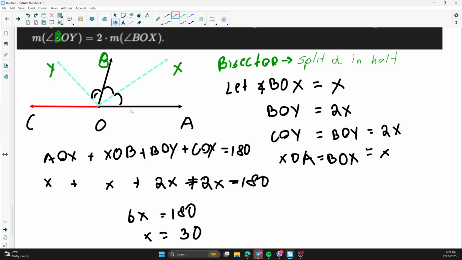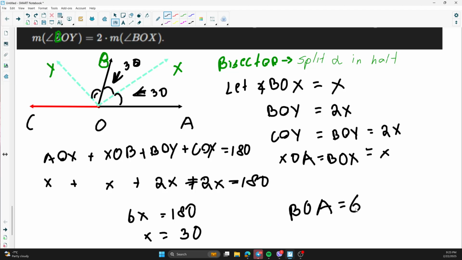BOX equals 30, XOA is also 30, so the entire angle BOA is 30 plus 30, so 60.